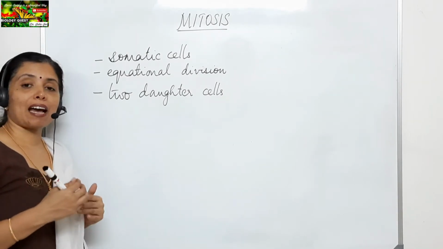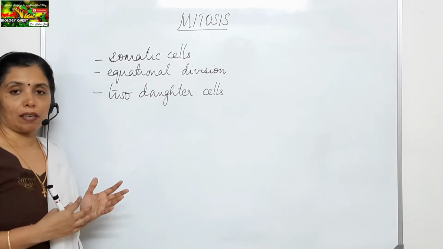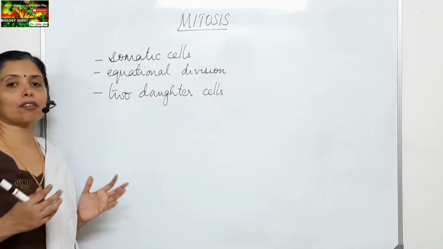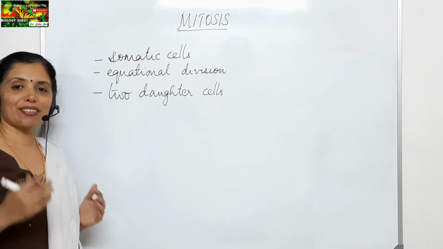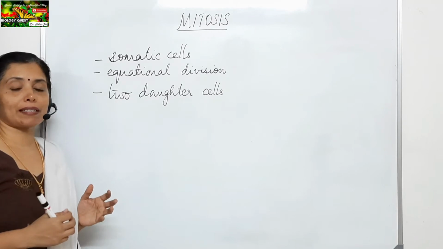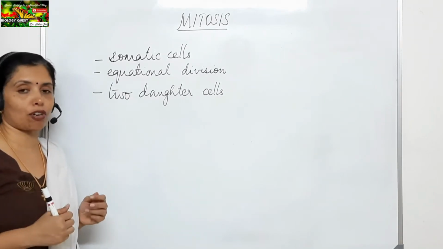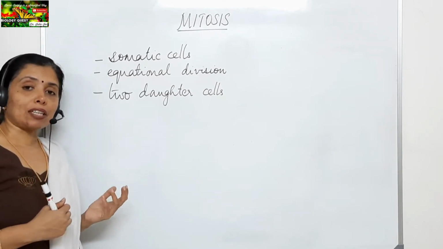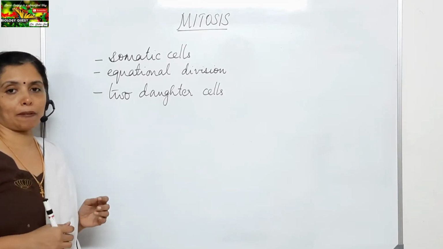Suppose a cell is having 10 chromatin fibers. How many chromosomes will it have? It will have 10 chromosomes because chromosomes are condensed, coiled chromatin fibers. If we take the example of a human cell, we know each and every cell of the human body has 46 chromosomes. So in the interphase stage, every cell will have 46 chromatin fibers.